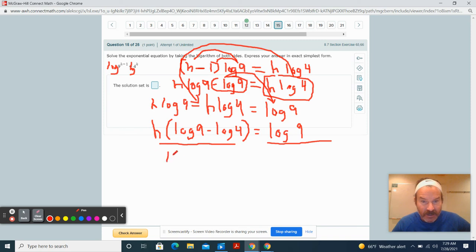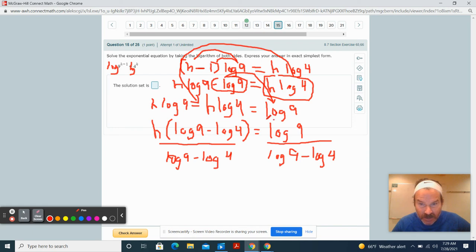Log 9 minus log 4, log 9 minus log 4. Okay, now don't you dare cancel those log 9s. They look the same, but there's a minus log 4 here attached to this log 9.